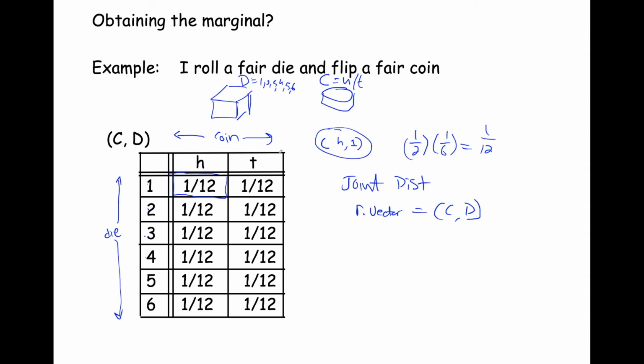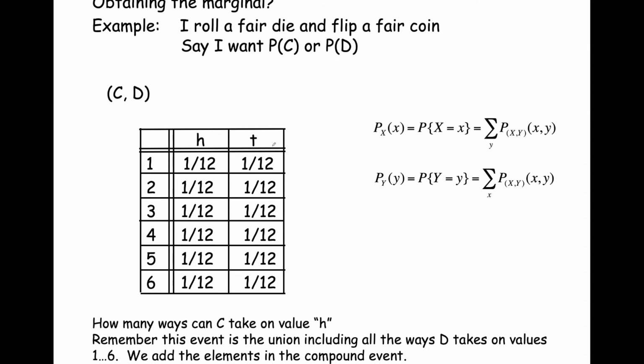Okay, so now if I take this joint distribution, I could also express the following probabilities. The probability that the coin flip will be heads or tails, or the die roll will be 1, 2, 3, 4, 5, or 6. Now, let's think about the coin flip.